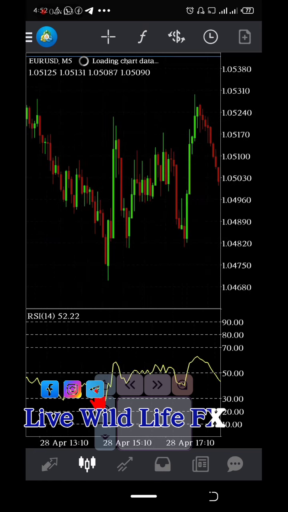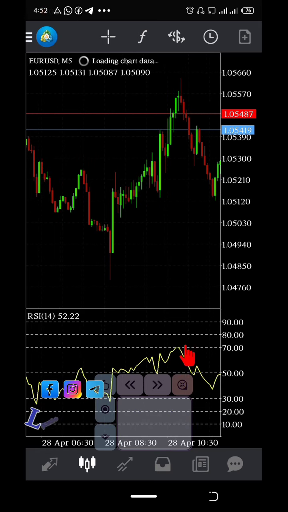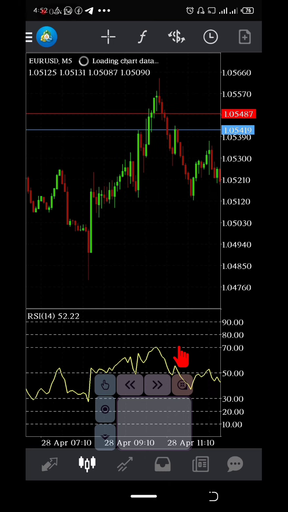You go back. Always watch out. This is the highest. When it is on 70, it is overbought. It must come down. There is always a must that it must come down. Always watch out.